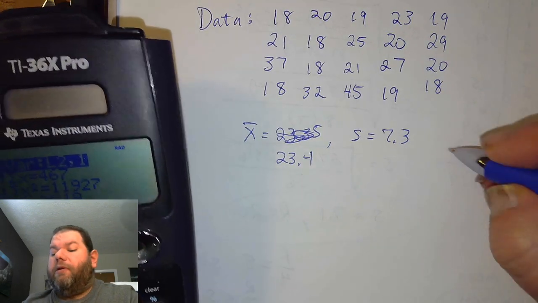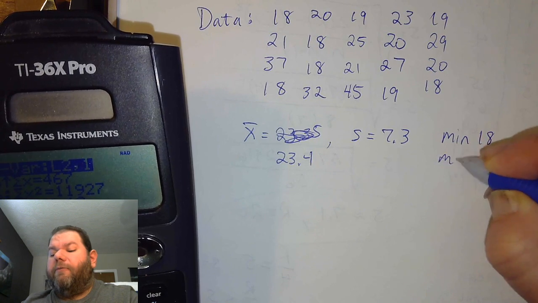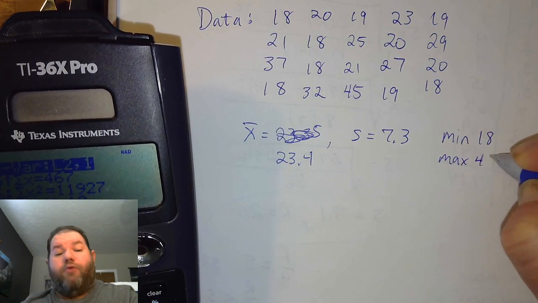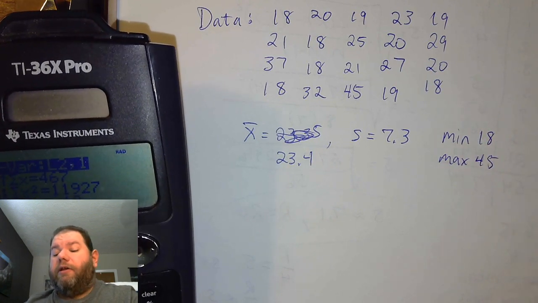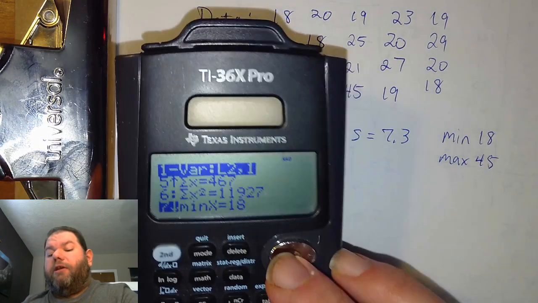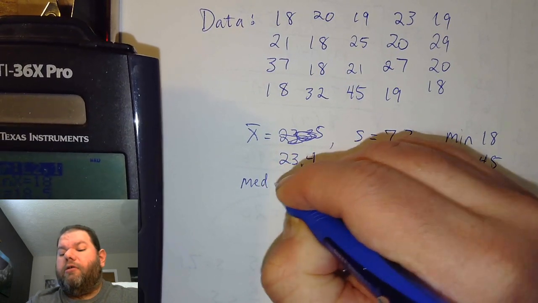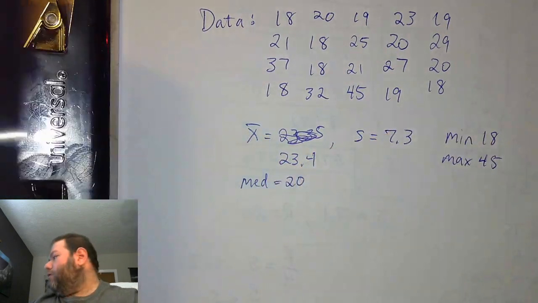Our minimum is 18, and our maximum, we know that's 45 just from looking at that. Okay. And we also need the median, which is 20.